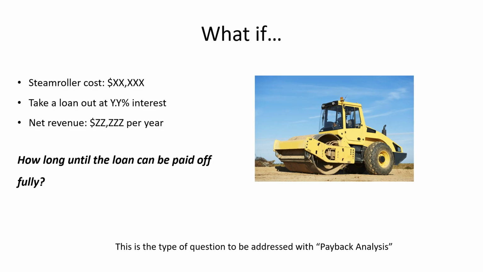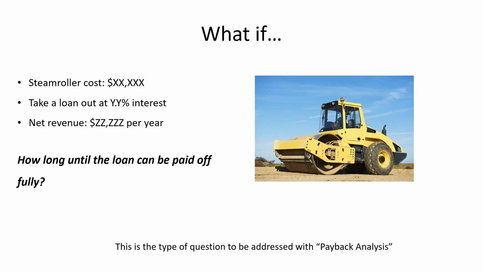And it's useful to know that because we may have information on how long the equipment is expected to last. And so think about in terms of decision criteria, like those rules that tell us what decision to make on whether to proceed with the project or how to choose from among alternatives. If we knew that the steamroller was only going to last for 5 years, but our analysis told us that the loan would be paid off in 7 years, then we have a real problem.